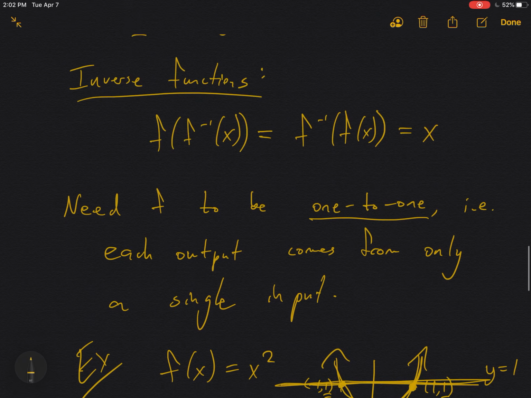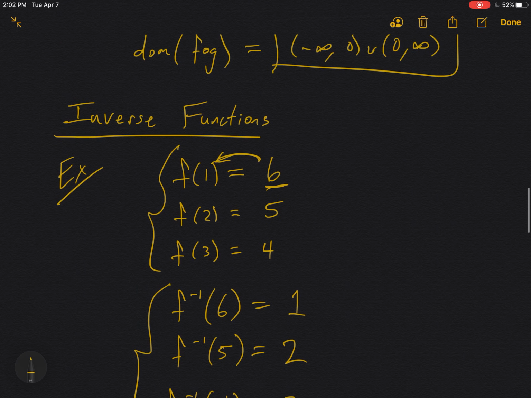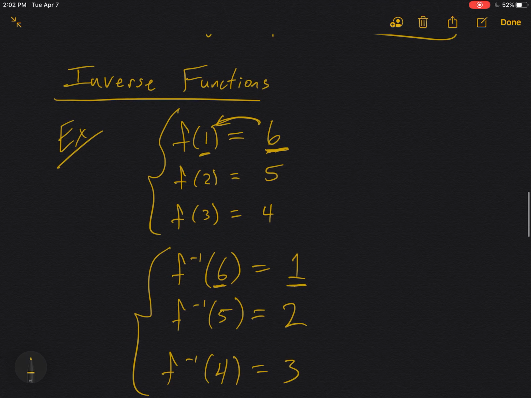The reason that I'm swapping x and y here is that notice that that's basically what the inverse does. So here I had an x value of 1 corresponds to a y value of 6. Here I had an x value of 6 corresponds to a y value of 1. So the inverse function has basically just swapped the roles of x and y. And the same thing is true for these other lines.